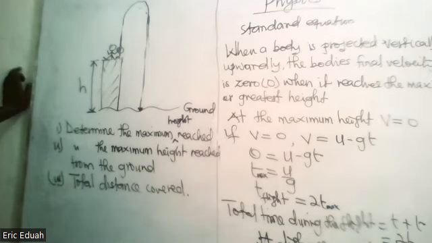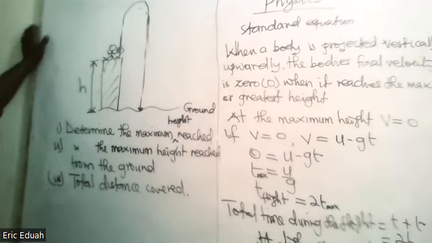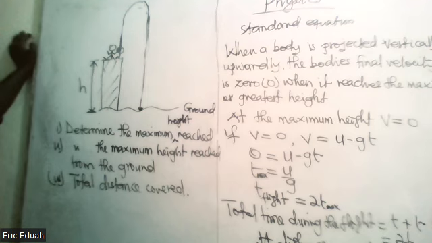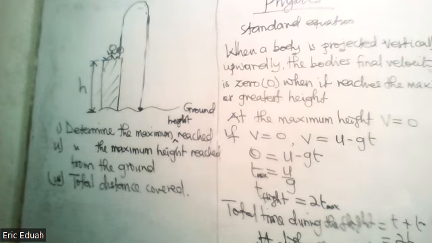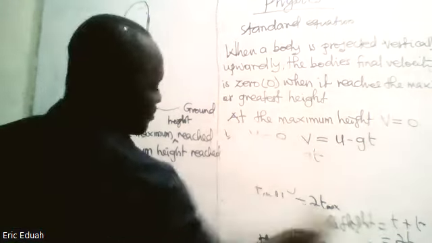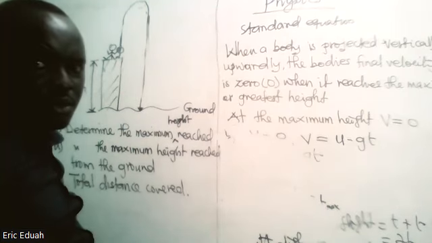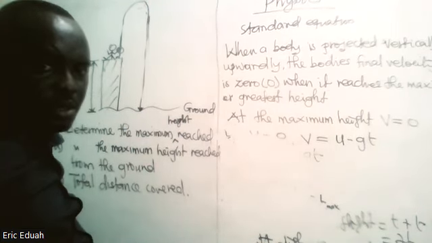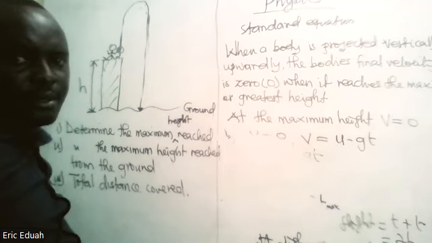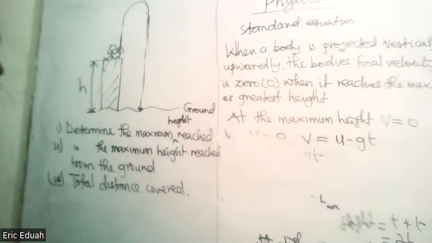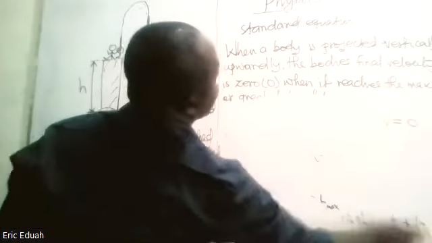Let's look at the first one. How do we determine the maximum height reached by the body? And what will be the expression for it? Ideas. Yes, Yaba, is that you? Yes, please. Okay, go ahead. The formula U squared over 2g. Okay.